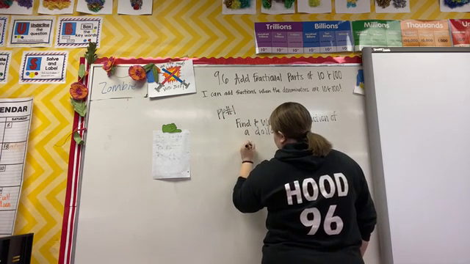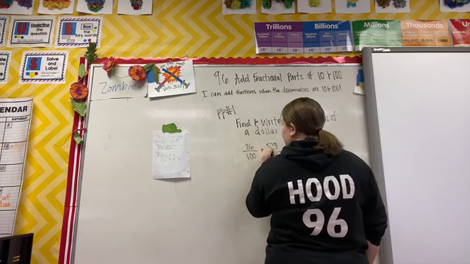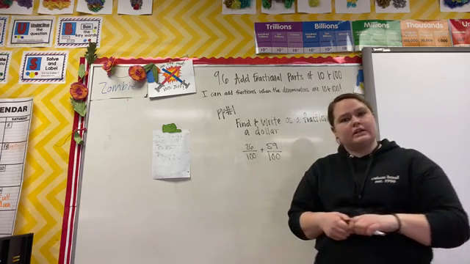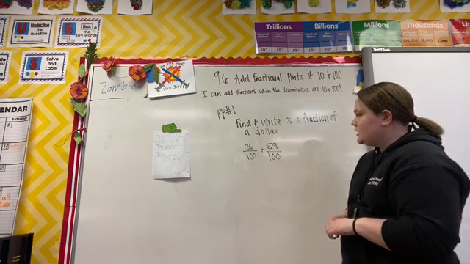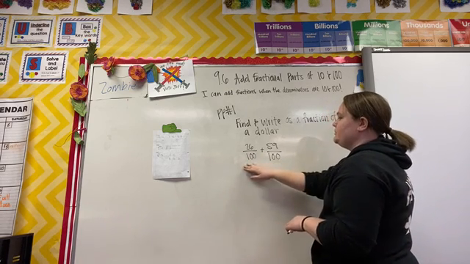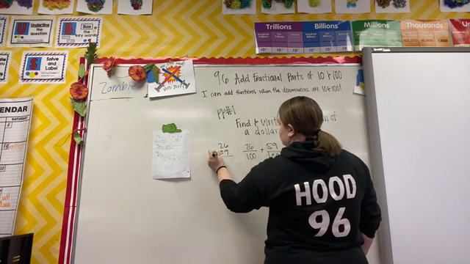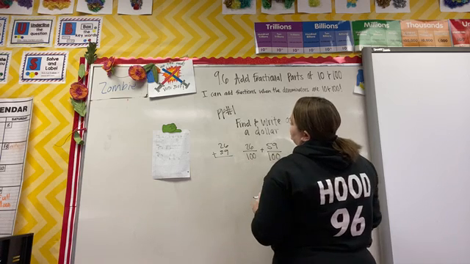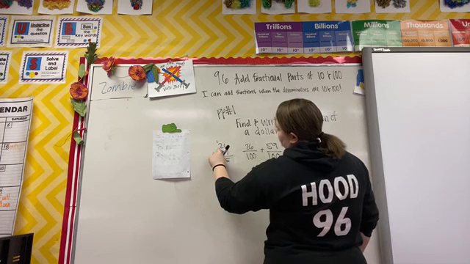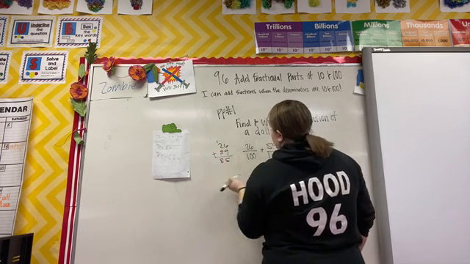So, I have 26 hundredths and 59 hundredths. Okay, this is a pause problem, so pause the video and figure it out. But I'm going to keep going. I can see that both of them are in the hundredths, so I can just go 26 plus 59. 6 plus 9 is 15, and 5 plus 2 plus 1 is 8.